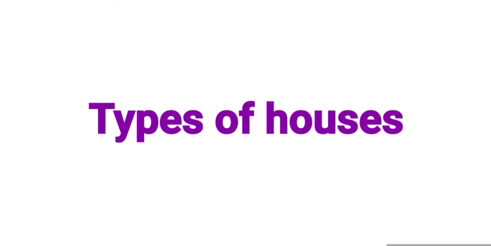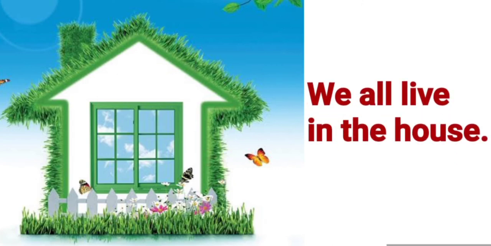Now we have come to the end of the chapter. So let us revise what we have studied today. Today we have studied chapter number 6, types of houses. And in this chapter we have studied that we all live in the house.